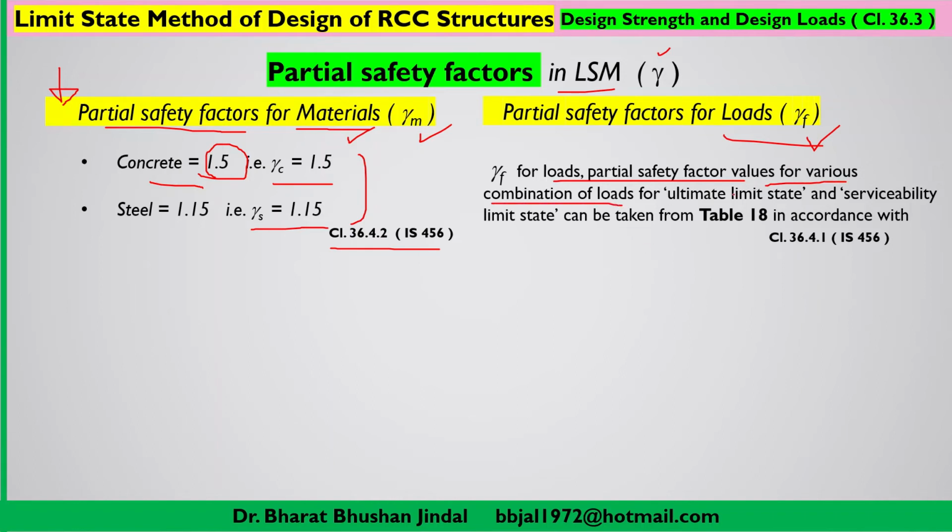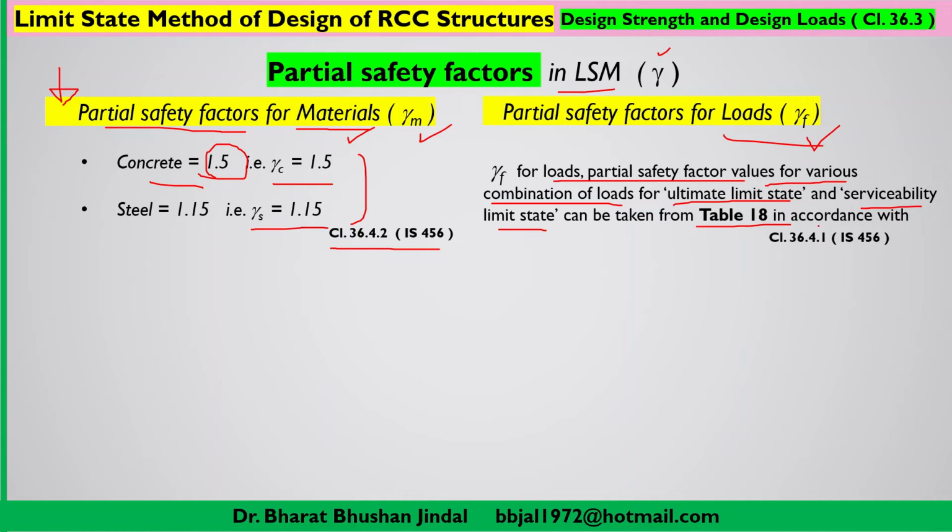Now here you can see that we are using various types of combination of loads which we have discussed in the previous section for ultimate limit state and for serviceability limit state. So that means you have to take the partial safety factor for loads different for different types of combination of loads and different value for ultimate limit state as well as serviceability limit state.